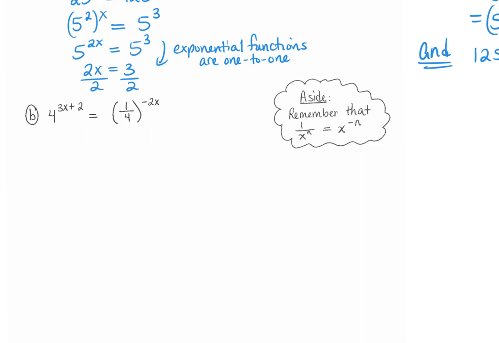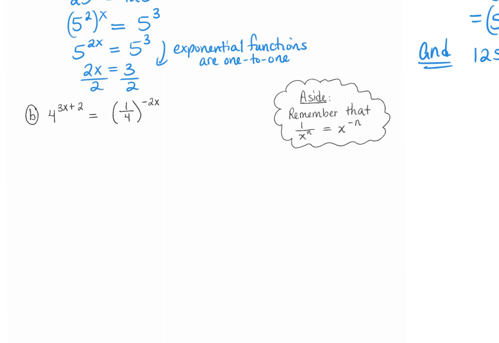Okay? So, you have 4 raised to the 3x plus 2 equals 1/4 raised to the negative 2x. How do we approach this problem? Try to have the same base. Good. What are your thoughts on how to get there?